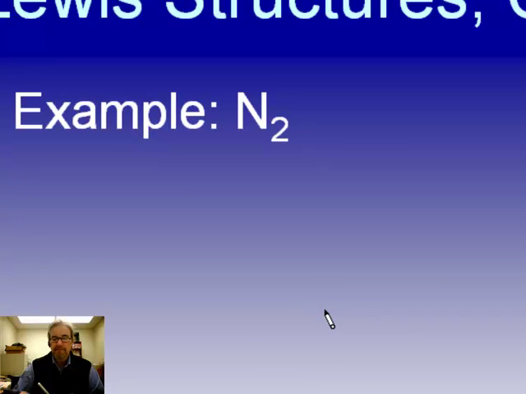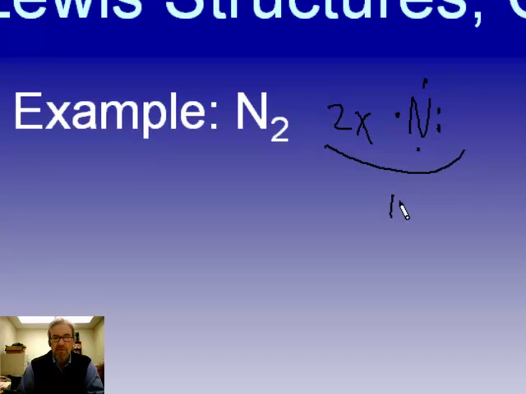Let's try another example, nitrogen. This is diatomic nitrogen, so it's got 2 nitrogen atoms. Nitrogen's in column 5, so that's 5 electrons for each, and that gives us a total of 10 electrons. Skeleton structure is a no-brainer here because there's only 2 atoms, so we stick them to each other. To fill octets, we notice that each of these nitrogens only has 1 pair of electrons, so we've got to fix that by putting 3 lone pairs on the remaining 3 sides of each nitrogen.